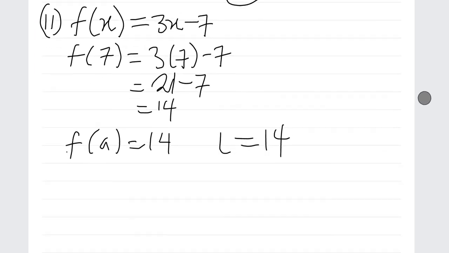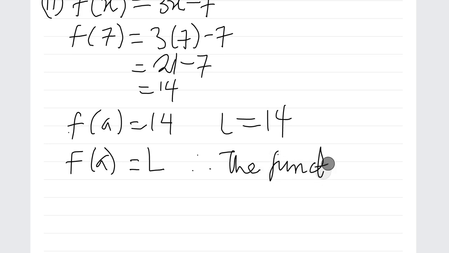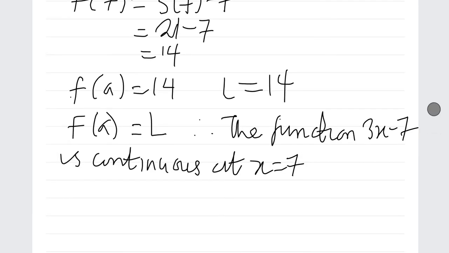So you can see clearly now that f of a is equal to L. Therefore, you just conclude that the function 3x minus 7 is continuous at x equal to 7. So that is the conclusion for that value.